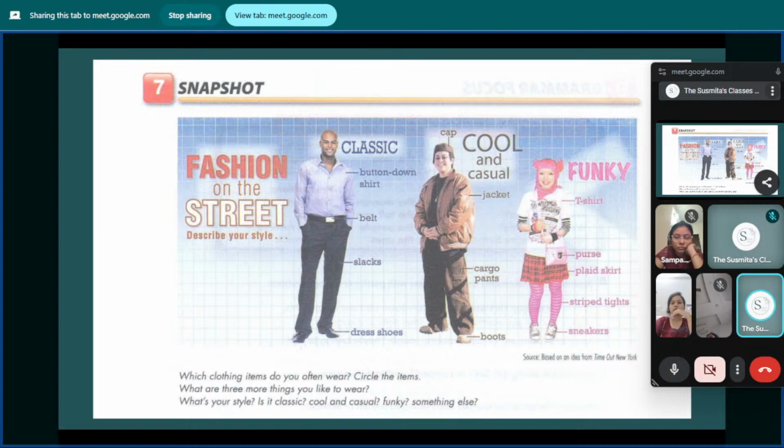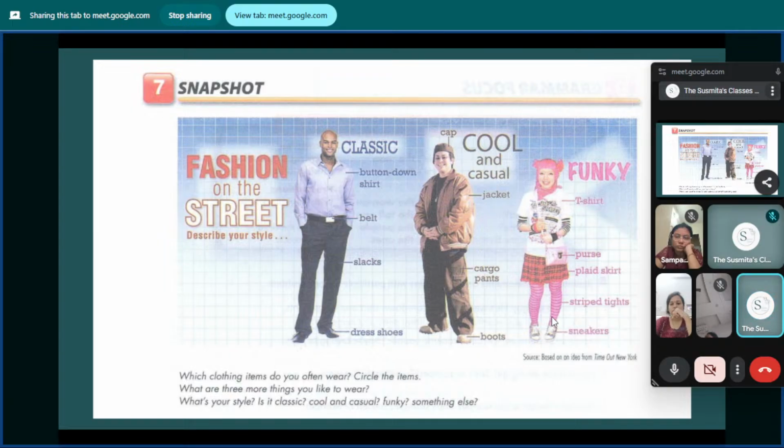Then for cool and casual, he is wearing a cap, a jacket, cargo pants, and boots. Then for the funky look, she is wearing a t-shirt, carrying a purse, wearing a plaid skirt, striped tights inside that, and sneakers.